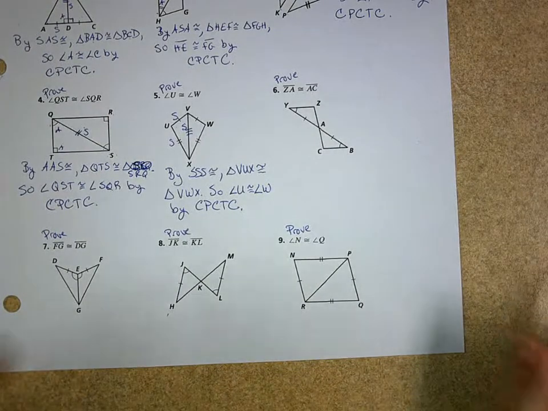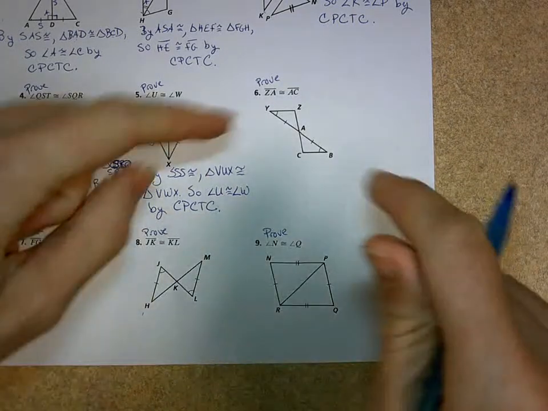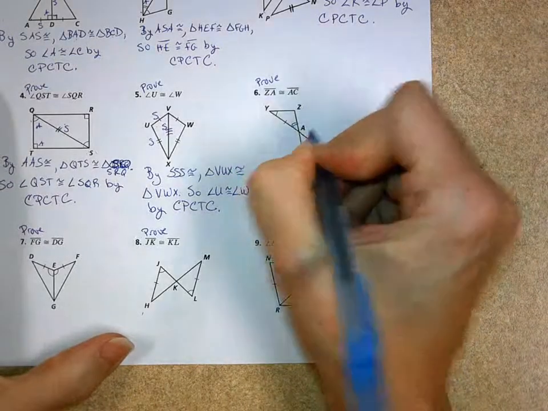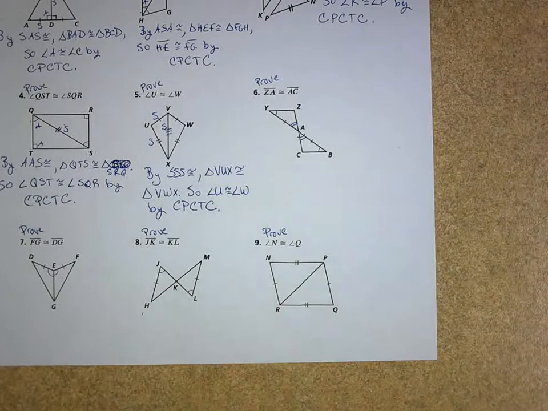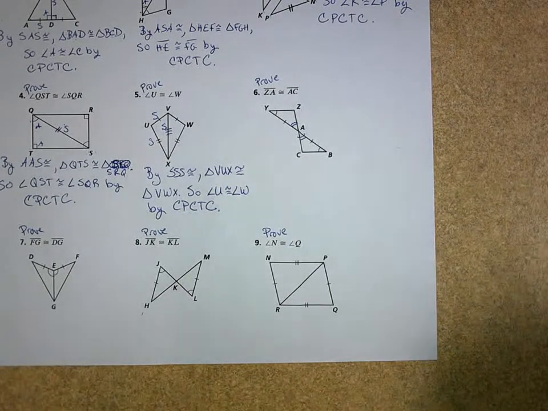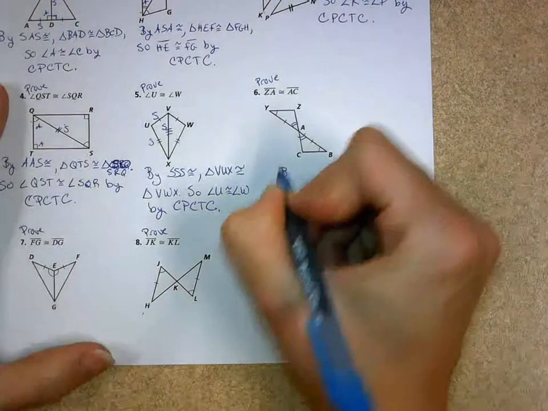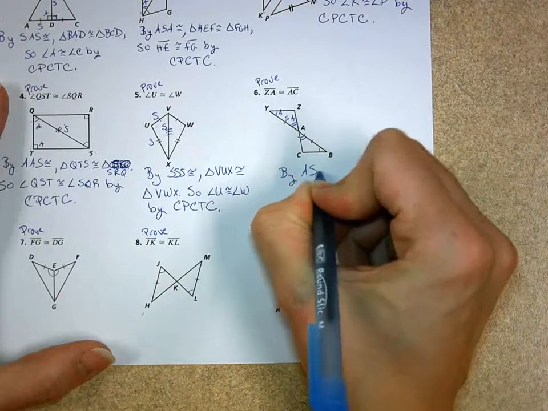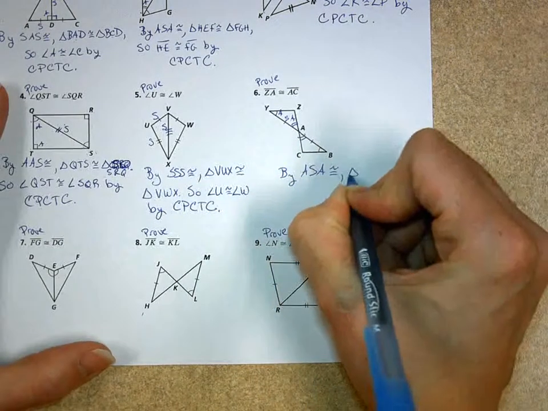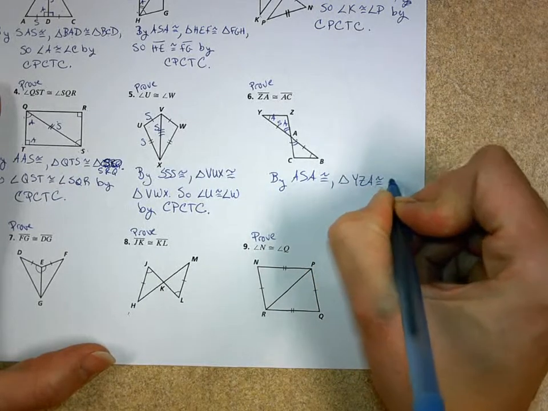All right, let's look at the next one, number 6. Segment ZA is congruent to segment AC. I want to prove those. Now I'm looking at these, and we should be noticing right now vertical angles. Hopefully, guys, we're starting to catch how we can always prove these triangles are congruent. We're actually doing visual proofs. So on the next one, we'll just say, hey, angle, side, angle when I mark it, by angle, side, angle congruence, triangle YZA is congruent to triangle BCA.